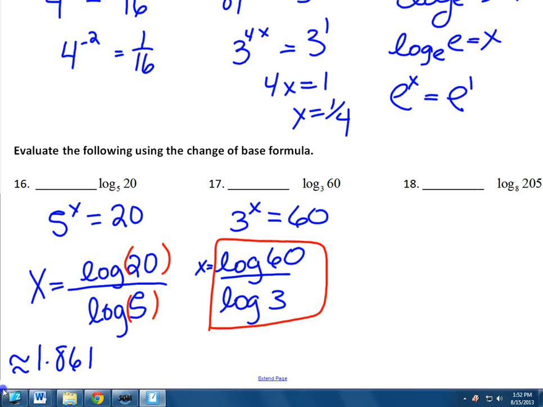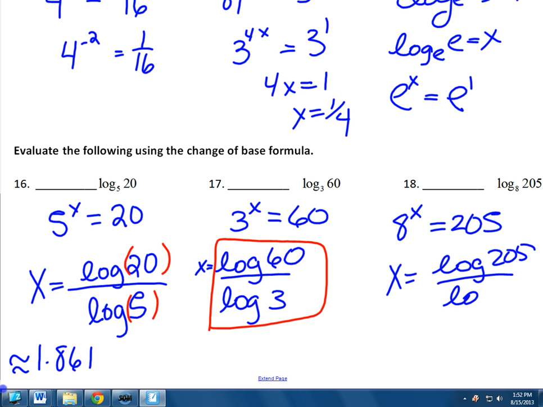All right, that is an exact answer, and you could leave your equal sign as they are. You don't have to do the little curvy equal sign. In this case, again, I'm going to think of it as 8 to some exponent equals 205. And therefore, my exponent would equal the log of 205 over the log of 8. I'm going to leave it in exact.